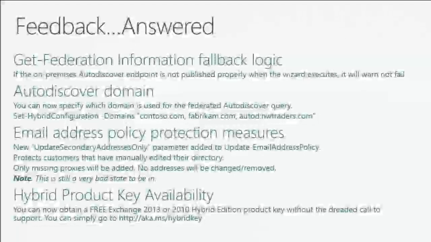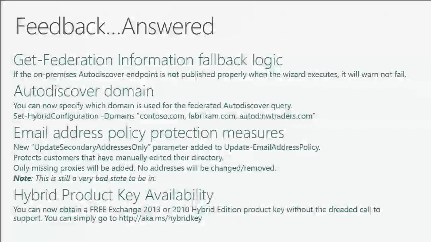So we are constantly getting feedback both from our support team and from customers directly, and these are the few changes we have made in the past and in recent times, which I wanted to go over. One of the most common failures we see in the hybrid wizard is that customers have not published their autodiscover endpoint correctly.